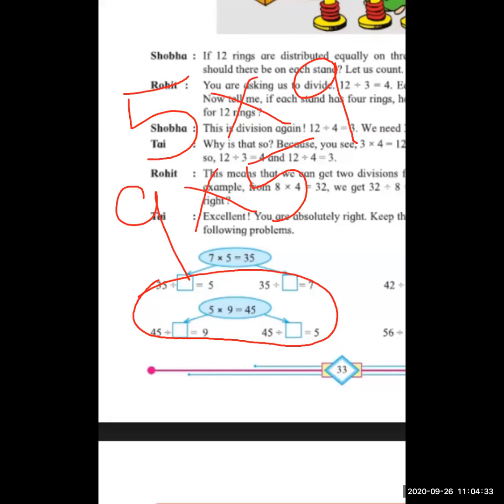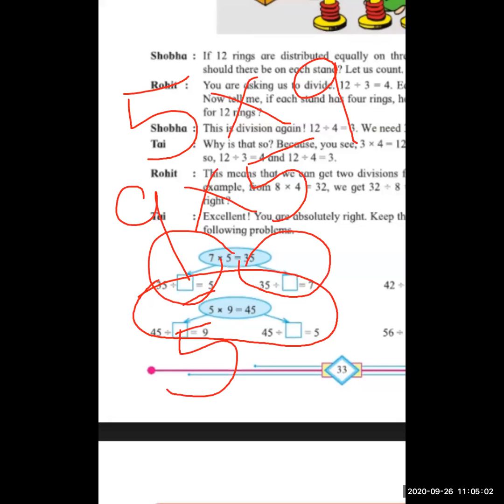Yes, see. Here is given 35 divided by 5, and here 35 divided by dash is equal to 7. They are given to you on both sides. 45 divided by dash is equal to 9. Yes, tell me what will come here? Here 5 will come, right? 45 divided by 5 is equal to 9.